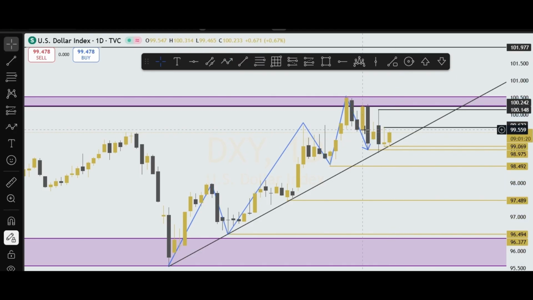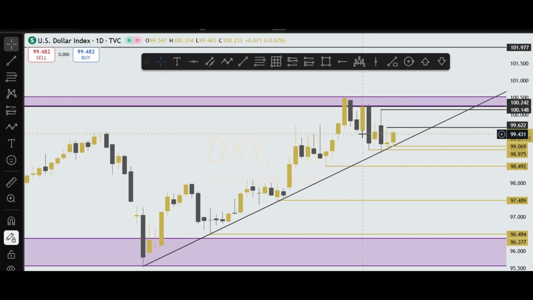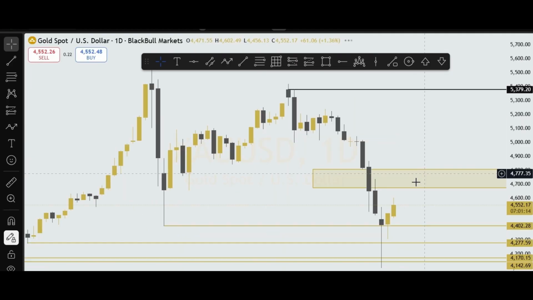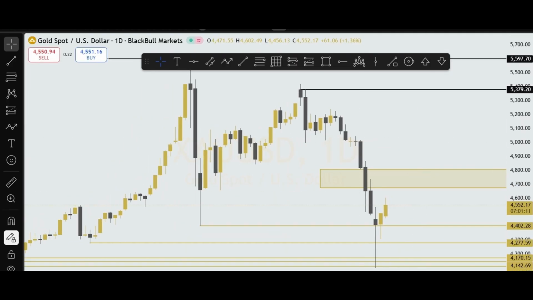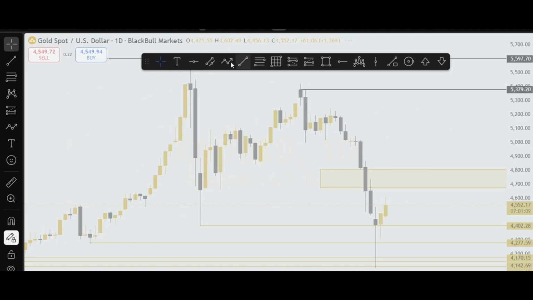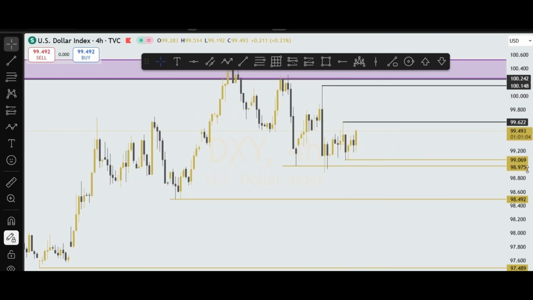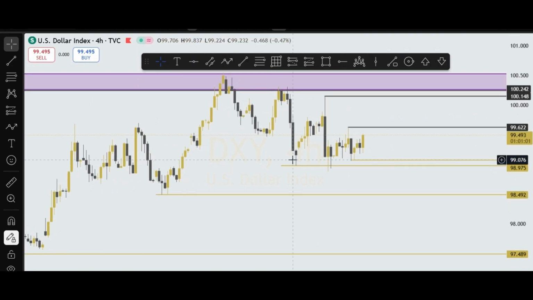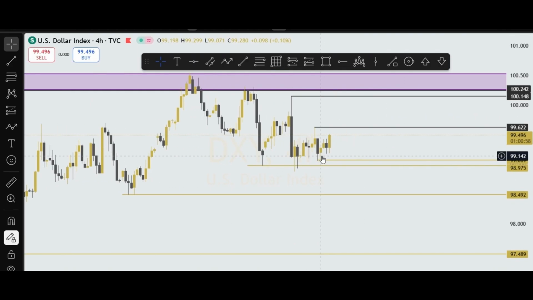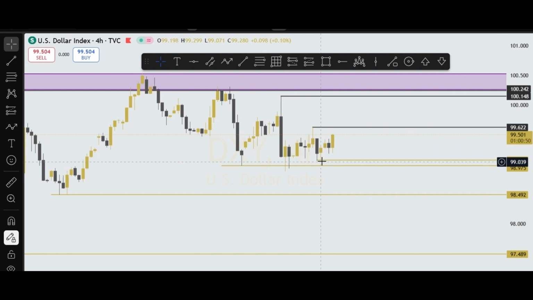Going to a 4-hour time frame on the US index, we realize that it has been consolidating. We have that high marked out, and the market has been consolidating today, which might indicate that there wasn't much movement on gold as well.